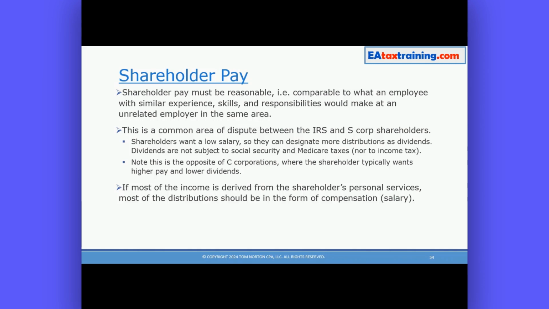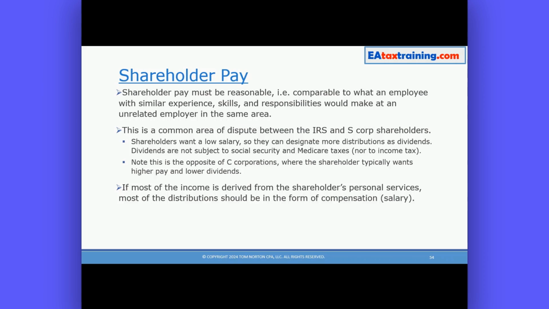But still, they have to pay that self-employment tax on their earnings if they are a sole proprietorship. So they will frequently elect S corp status in order to pay themselves a salary, hopefully a small salary, and then take the bulk of their earnings as dividends, because those dividends are not going to be subject to the self-employment tax.